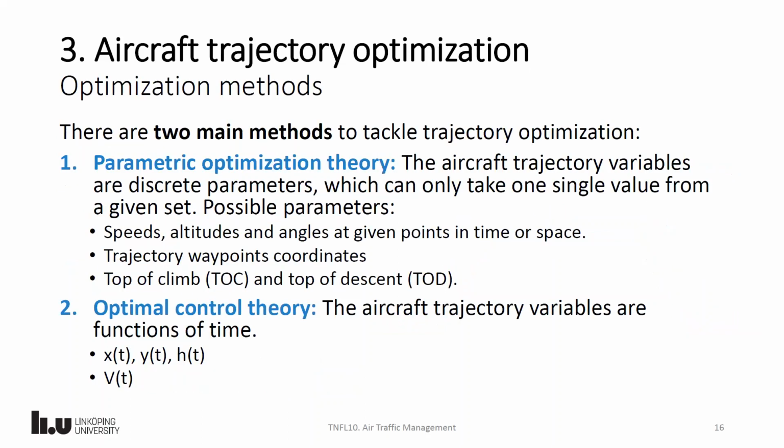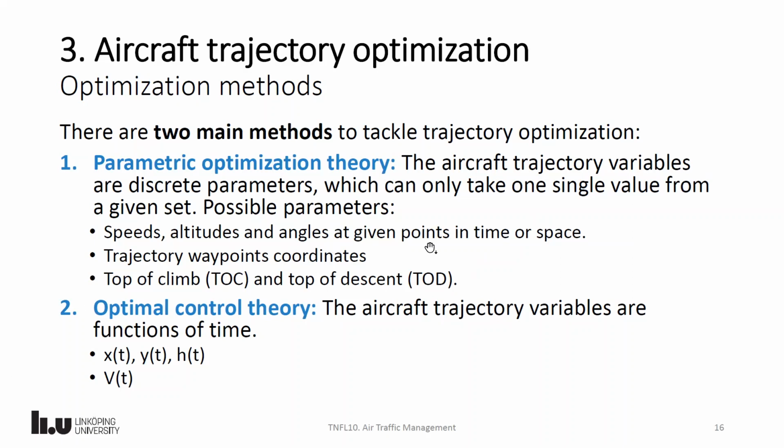So there are two main methods to tackle trajectory optimization, just so you know them when you see them. The first one is the parametric optimization theory, in which you take the variables of the trajectory and use them as parameters that can only take one single value from a given set.